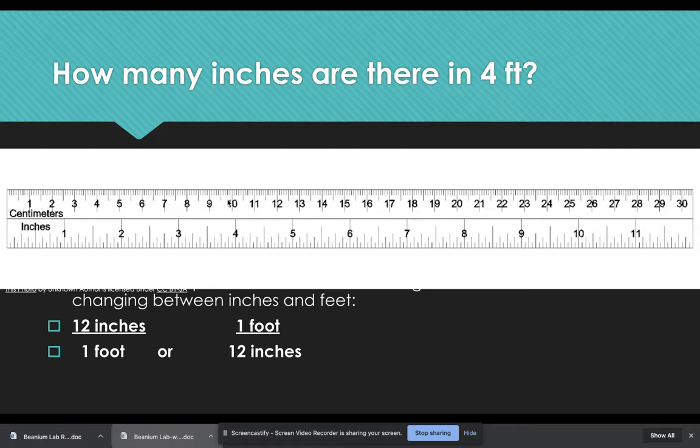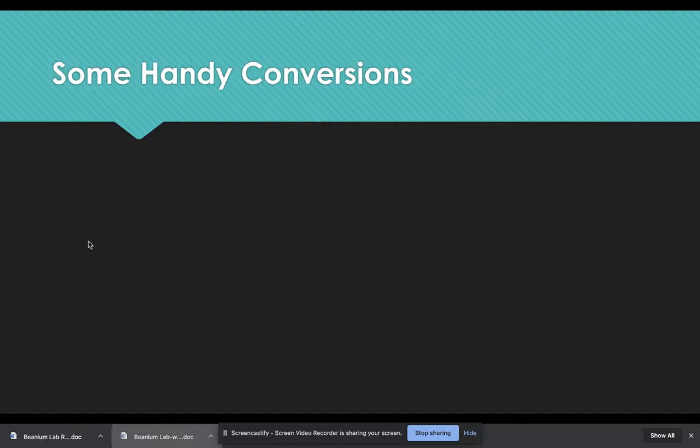Now, if I go up to 10 centimeters, I know that a decimeter has 10 centimeters in it. And if I were to go up to 100 centimeters, well, that would be 1 meter. But what we're going to learn is that 1 inch is actually equivalent to about 2.54 centimeters.